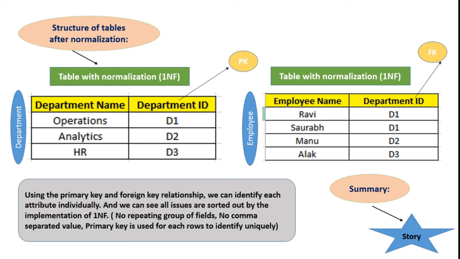At last, if I talk about the summary with a story, normalization is really important. With the use of normalization, we can reduce a lot of problems, and we can establish data integrity in a database, and that is going to make the database very stable for enterprises. Today the world is very much connected and based on data, right?